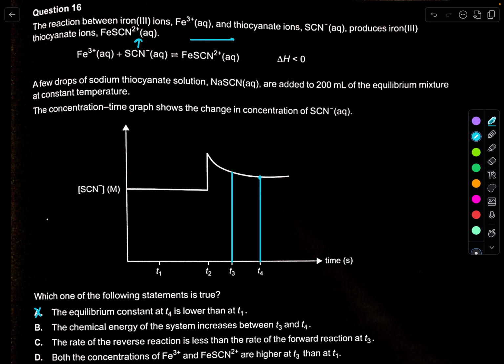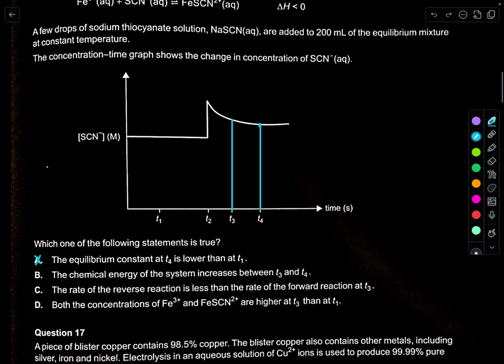Because the forward reaction is exothermic, it's going to release energy, that chemical energy. Hence the chemical energy is going to be decreasing for this process. So the option saying it increases is wrong. We said it decreases.